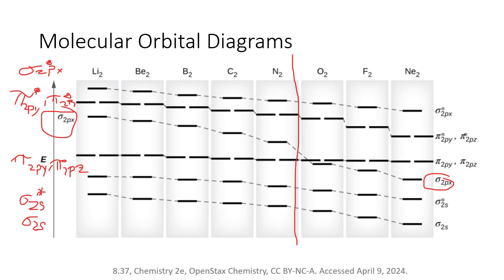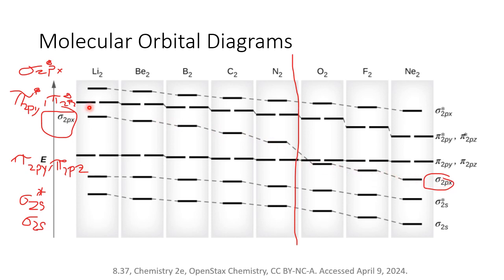When the bonding and antibonding orbitals split, we end up every single time with the sigma 2s and the sigma 2s star being the lowest energy orbitals. Now, as we go up in energy, you can see that we have this one orbital that flips order.